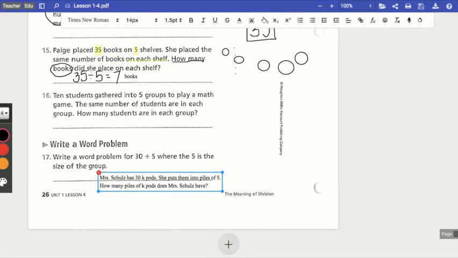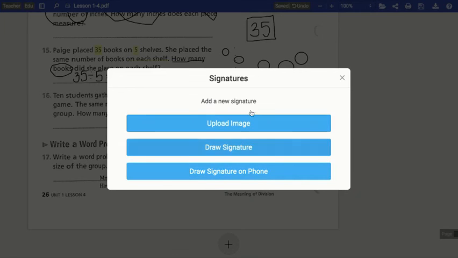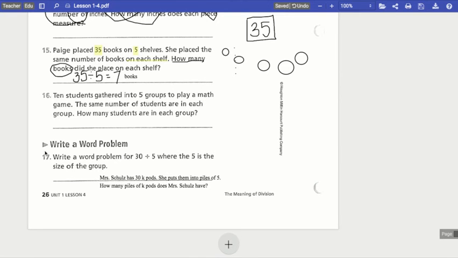So I've got to check for a couple things. First of all, does my problem lend itself to 30 divided by 5? So let me draw it out really quick to make sure. If I started with 30 K-pods and I'm putting them into piles of 5, then that would be like a 5 group.